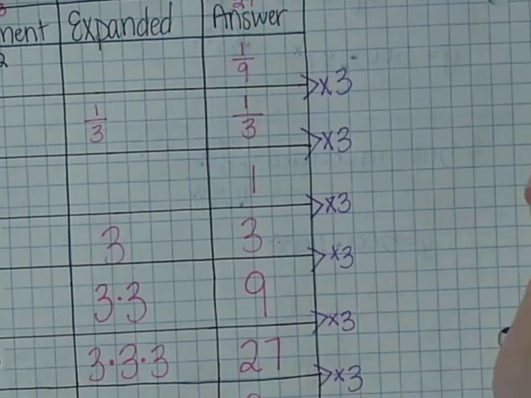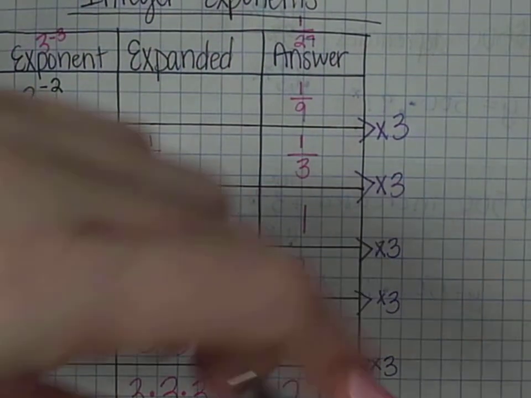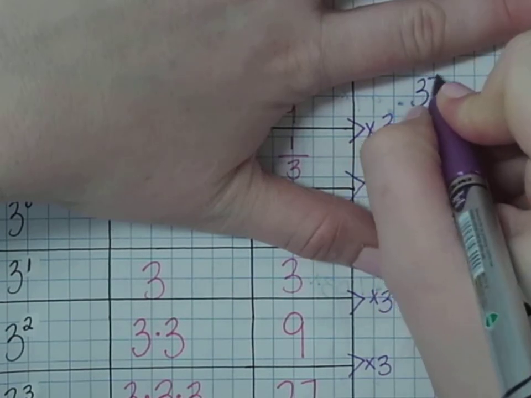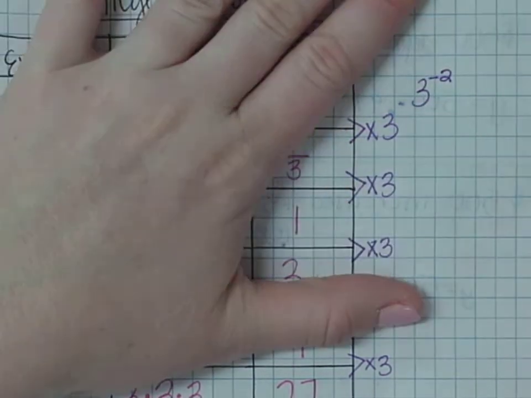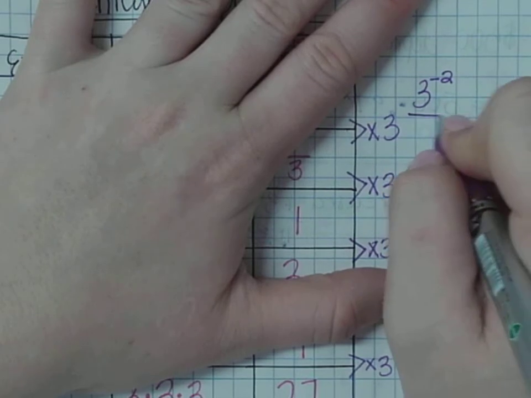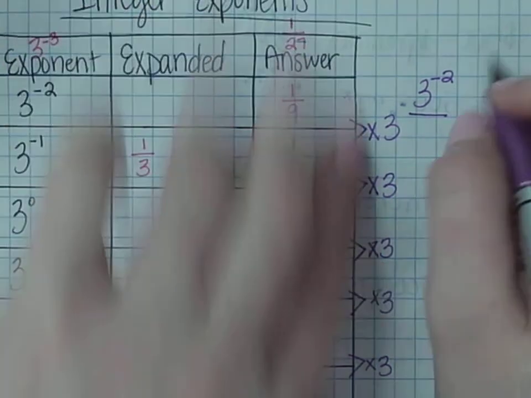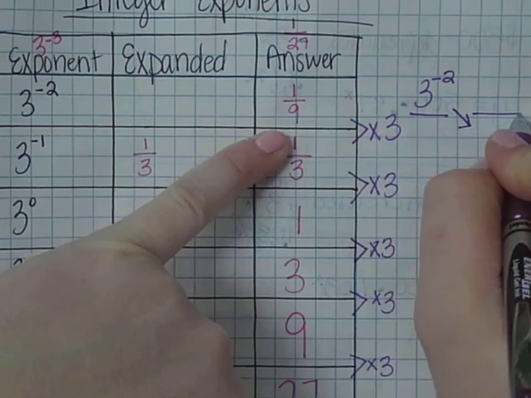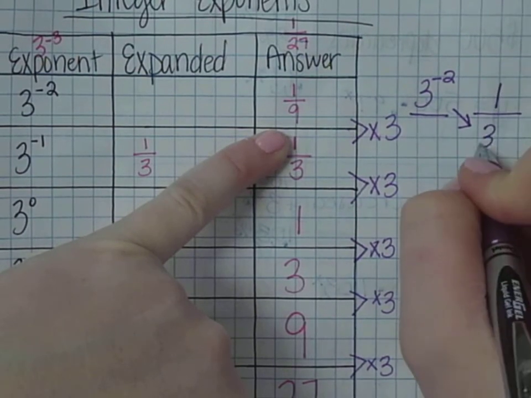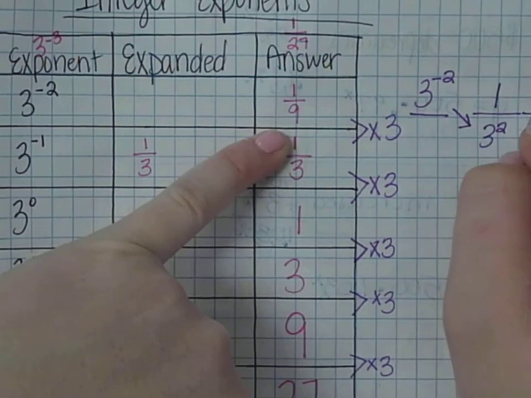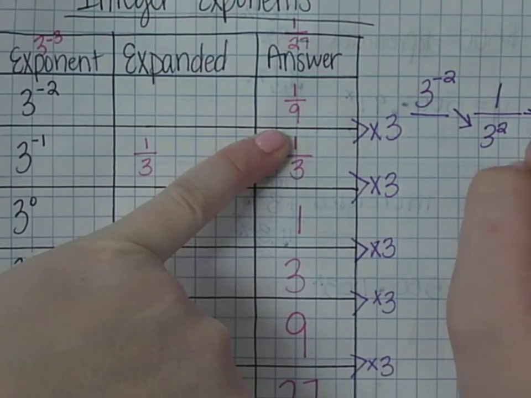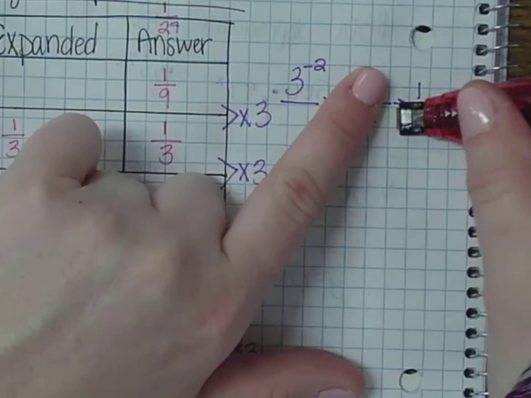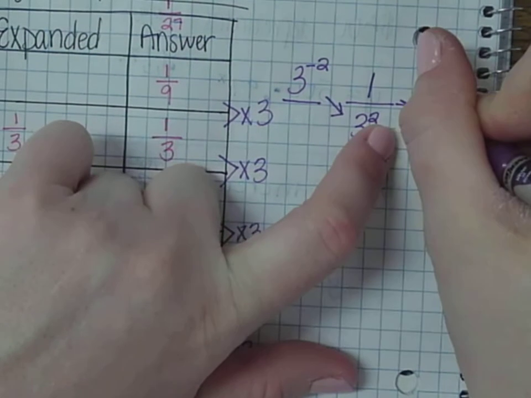This is actually, there's a rule to this. If I have anything to a negative power, so if I have 3 to the negative second, it actually changes it to the denominator. So it'd be 1 over 3 squared, which is 1 over 9.